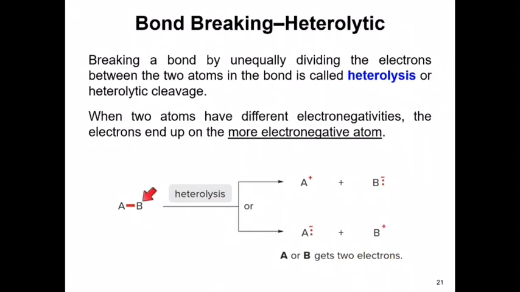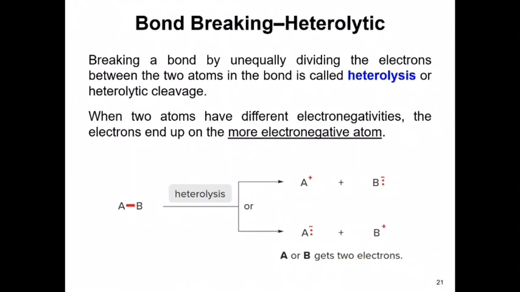Let's say that we have two atoms that are bonded, A and B, and B is the more electronegative atom. When you break this bond via heterolysis, the two bonding electrons will move towards the more electronegative element, which is B. However, if A is the more electronegative atom, then breaking this bond via heterolysis results in the electrons going towards the more electronegative element, which is A.